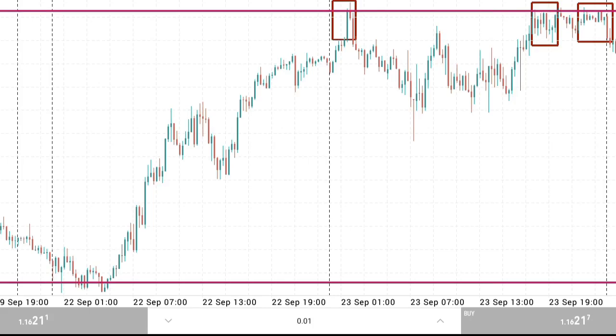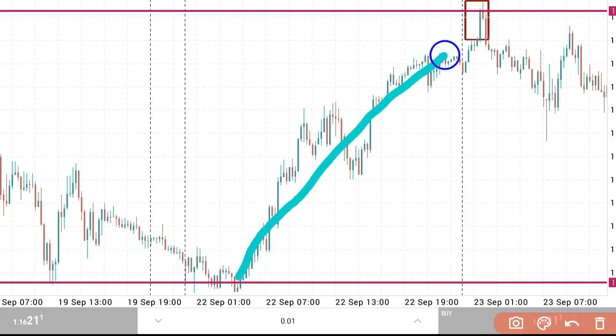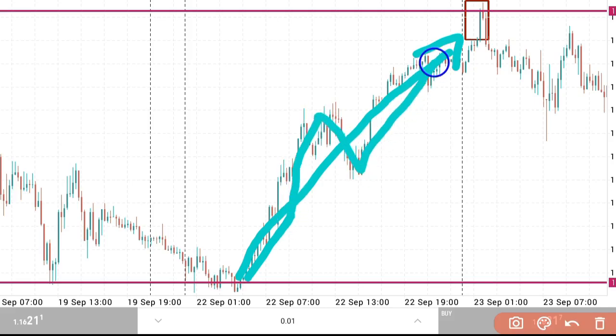The higher the demand, the more bullish the market. When there was a demand here, price began to move up, came down, and continued to move up. So the higher the demand, the more bullish the price movement.